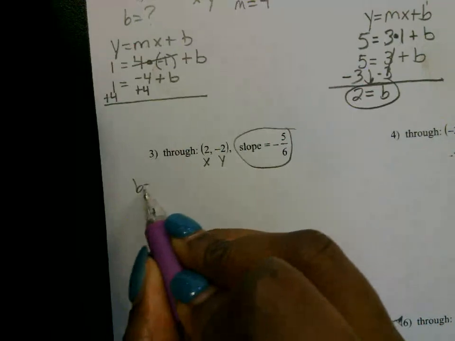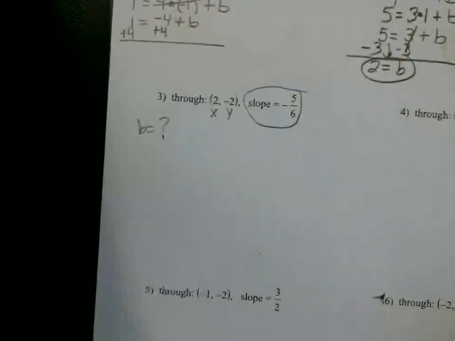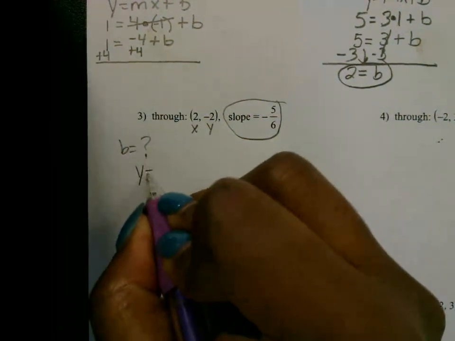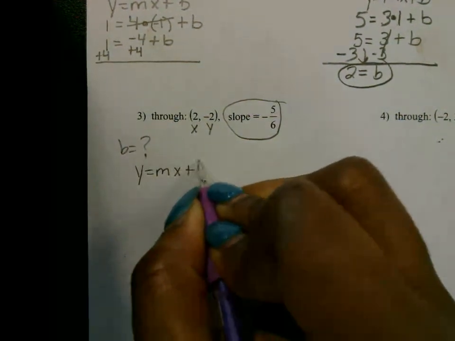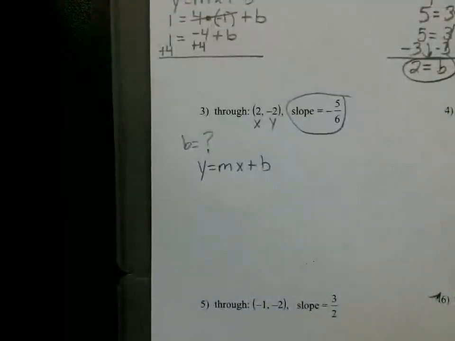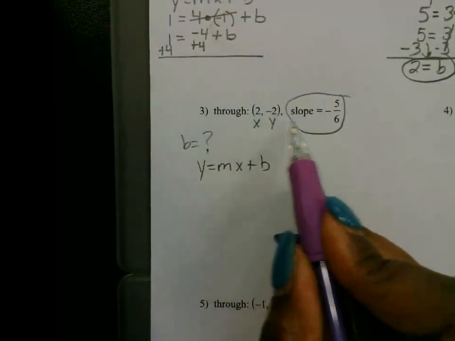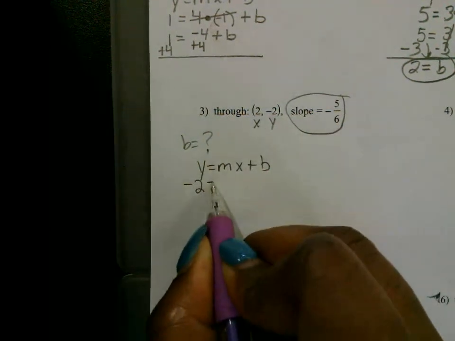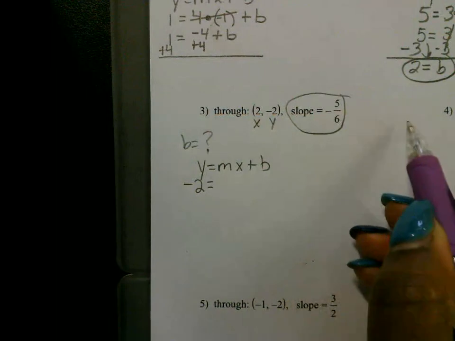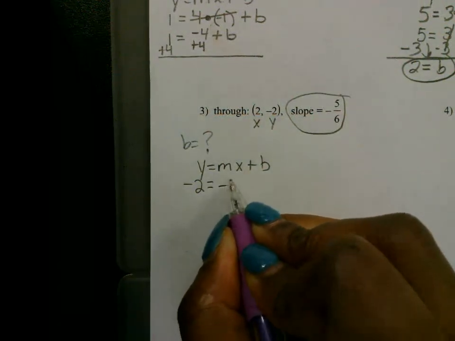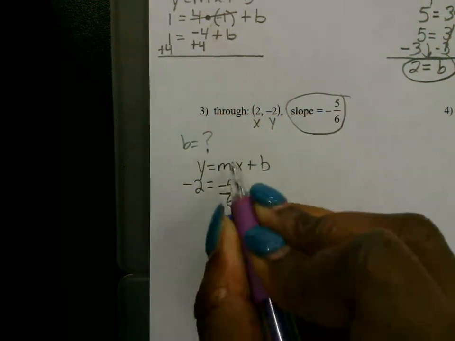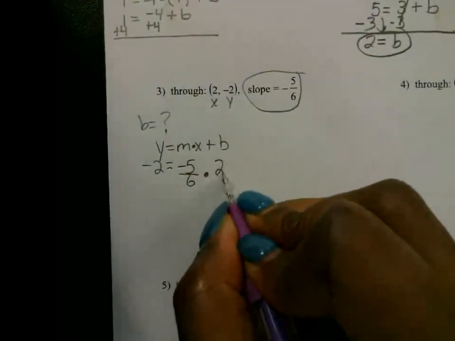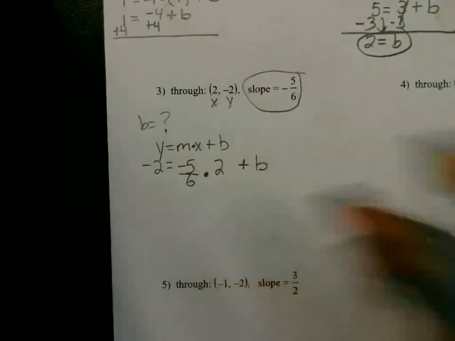What's missing is B. So let's find B. To find B, we use Y equals mx plus B. We're going to replace Y with which one of these numbers? The negative 2. Bring down the equal. Which one is M? The fraction. Negative 5 over 6 times, which one is X? The 2. Bring down the plus B.